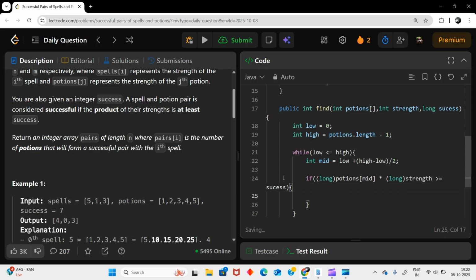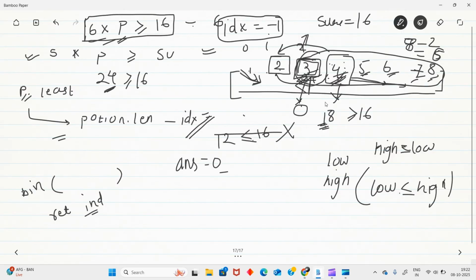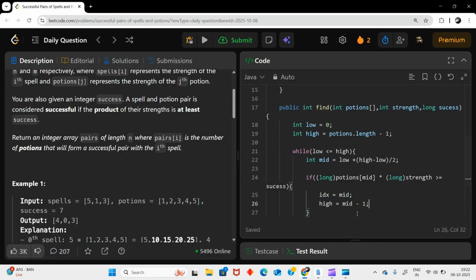If this is the case, my possible index will be mid and I will write my high as mid minus 1. We need to find on the left side, as I mentioned, to get the answer.